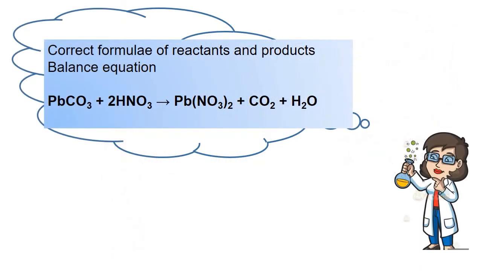To write a chemical equation, first, write the correct chemical formulae of reactants and products. Second, balance the equation. Lead(II) carbonate PbCO3 reacts with 2 nitric acid HNO3 to produce lead(II) nitrate Pb(NO3)2, carbon dioxide CO2, and water H2O.